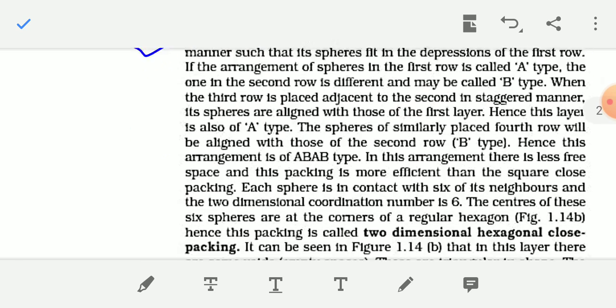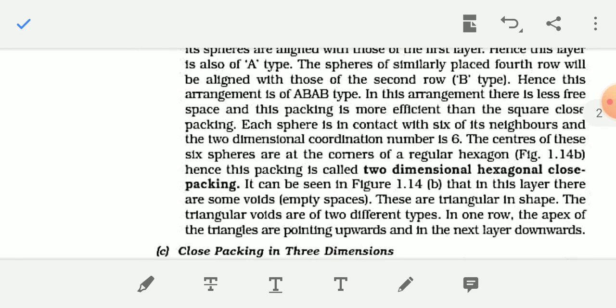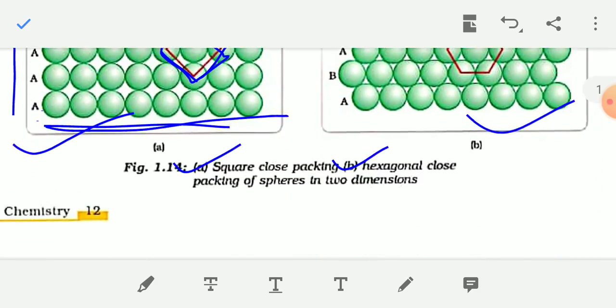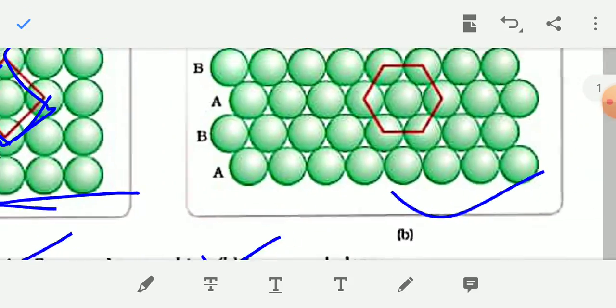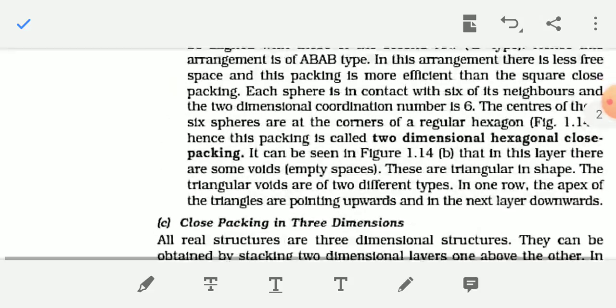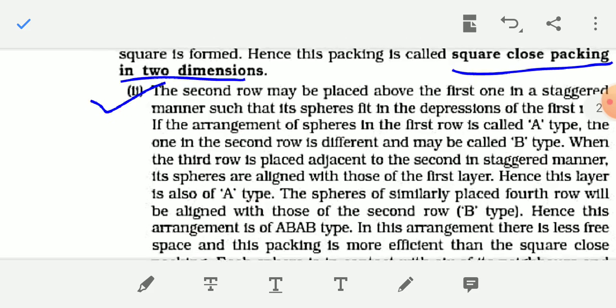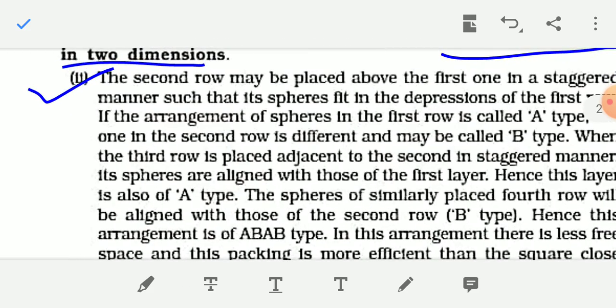Now see hexagonal close packing in two dimension, that is this figure. What is hexagonal close packing in two dimension? The second row may be placed above the first one in a staggered manner such that the spheres fit in the depression of the first layer.